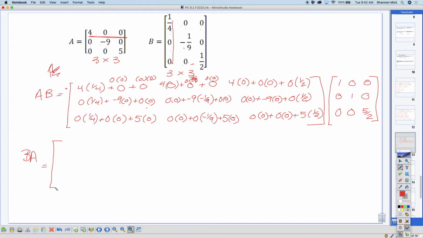Yep, and so if you want to write B over here, on the other side of it, it'll make it easier.